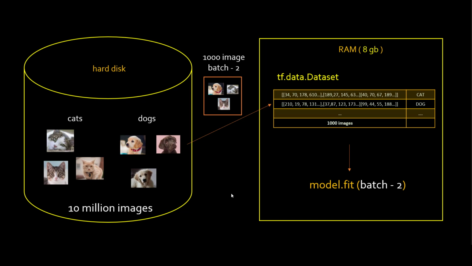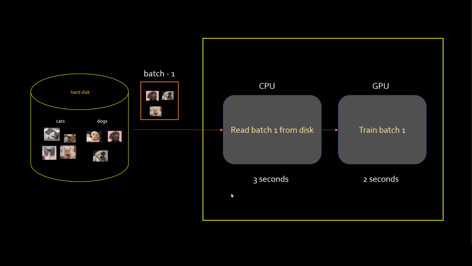Now, if you look at the same exact picture in a CPU GPU kind of time view, GPUs are mainly used for the training. So when you're doing forward pass, backward pass, all those matrix manipulations, those are happening on your GPU. Let's say loading the first batch, the reading from disk, is being done by the CPU.